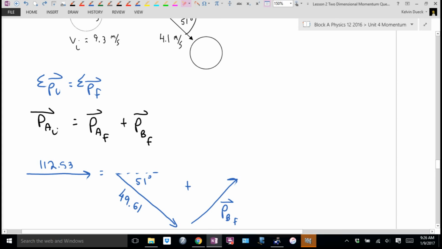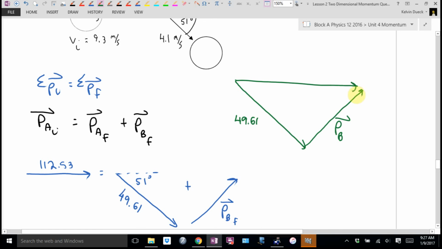If you try and draw them small, it just gets tough. So I'm going to put mine here. I have 49.61, mystery, 112.53. This time the angle did end up inside my triangle. Yay!